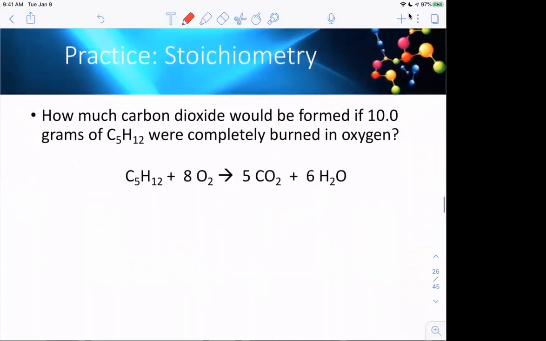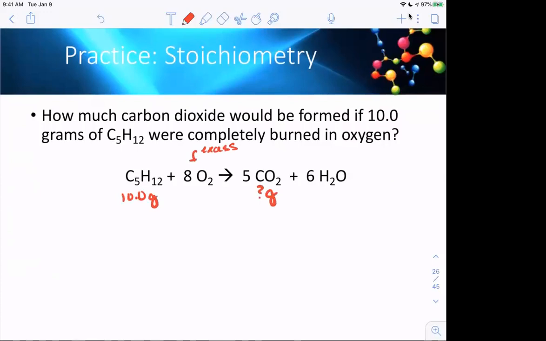So let's practice. How much carbon dioxide in grams would be formed if I use 10 grams of C5H12, and I have excess oxygen? I can assume excess of the other reactant if I'm only given one amount of one reactant.